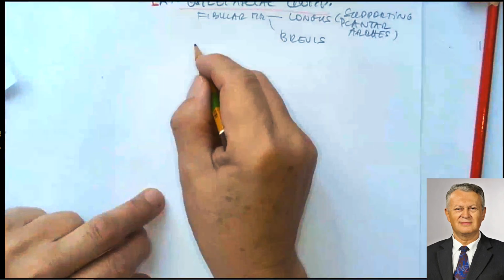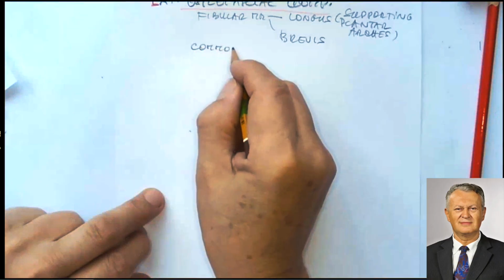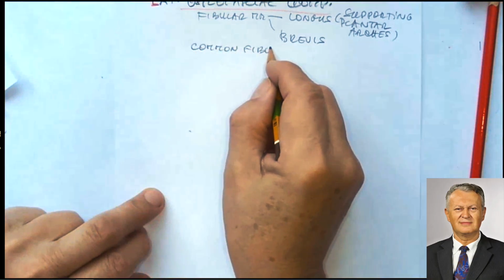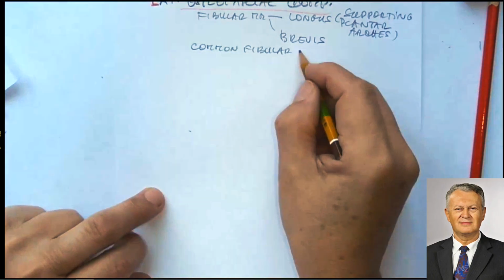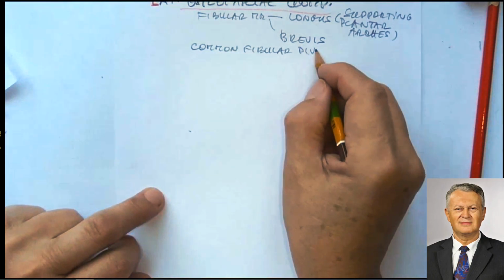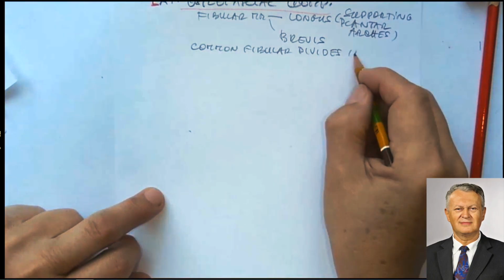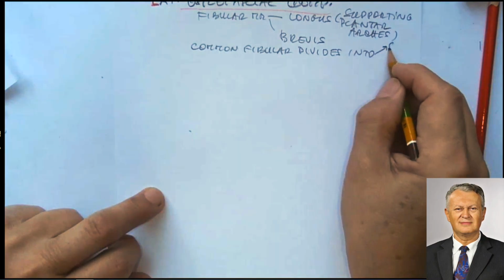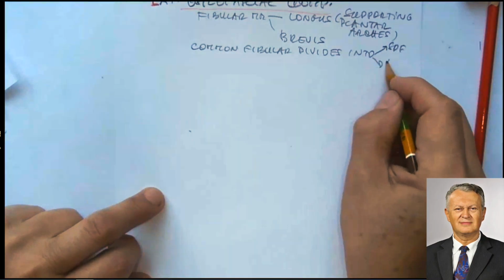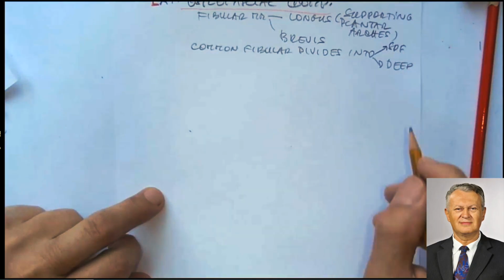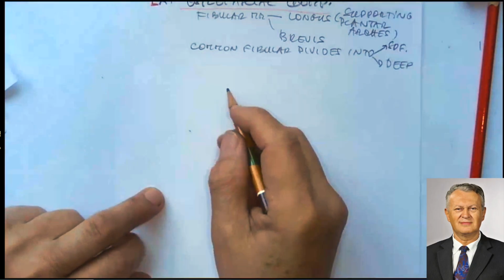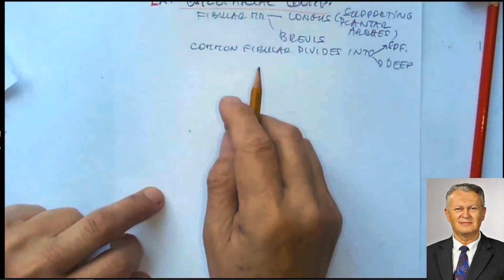Then this osteofibrous compartment also contains the common fibular nerve, because in this region it divides into the superficial and deep. So the deep goes ventrally, the superficial laterally, and what else?